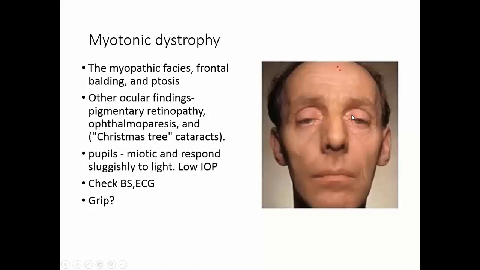So they have bilateral ptosis, and interestingly, they can also have other associated eye conditions like pigmentary retinopathy and Christmas tree cataracts, and a little bit of ophthalmoparesis. The pupils are miotic and they have low intraocular pressure. Since this can be associated with diabetes, you have to do the blood sugar test, and also cardiac arrhythmias, so you have to do an ECG also.